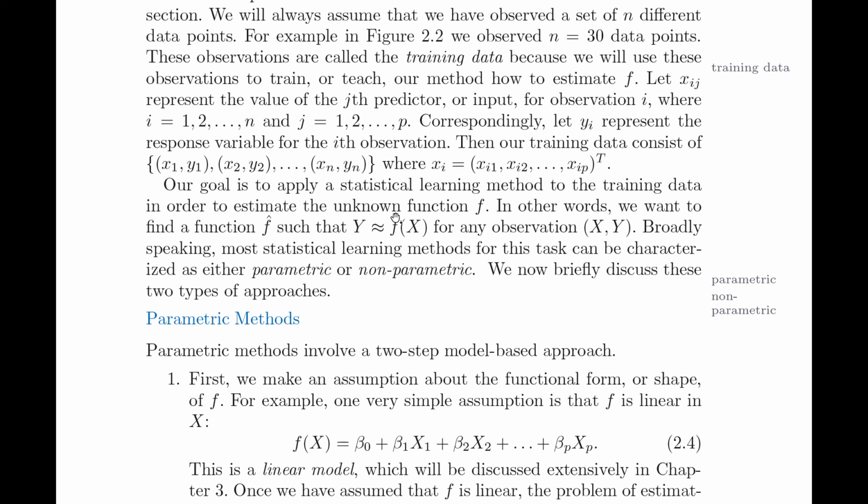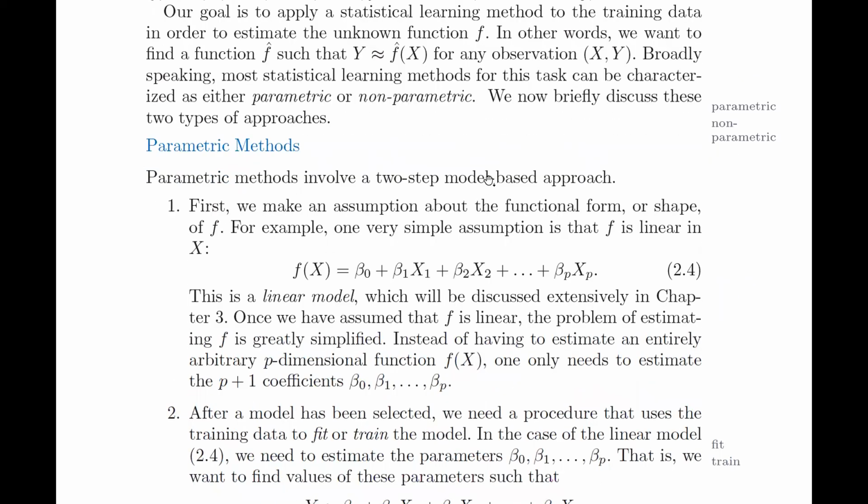Yi is the response variable for the ith observation. So aggregating these xij's and yi's gives us, think of it as a database, x1, y1, but x1 is this vector.